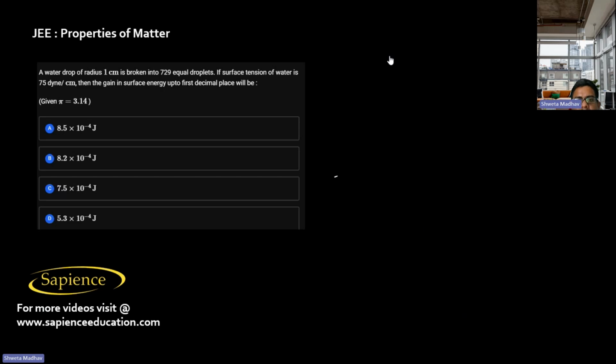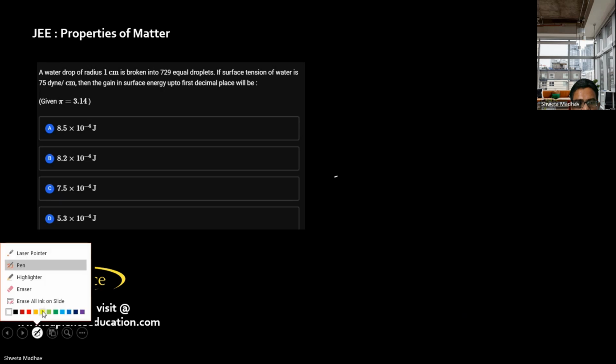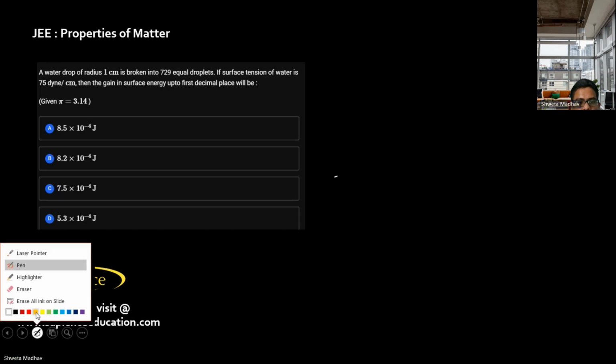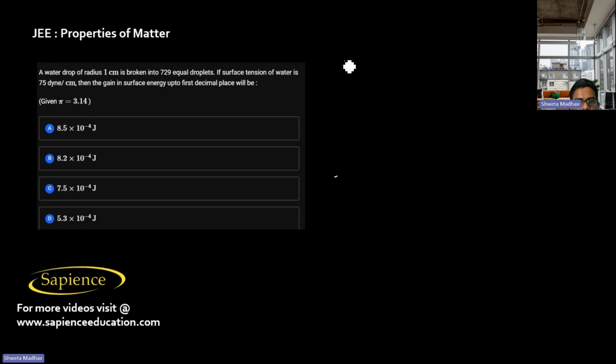Here it is told that there is a water drop of radius 1 centimeter.